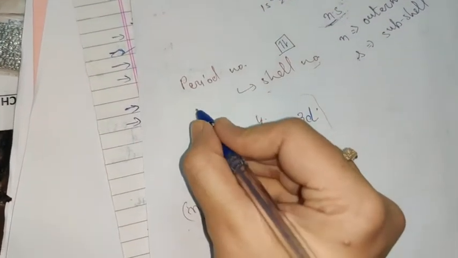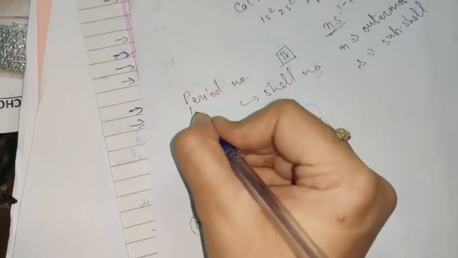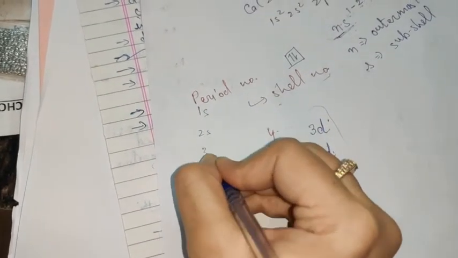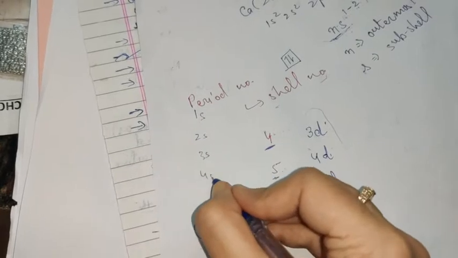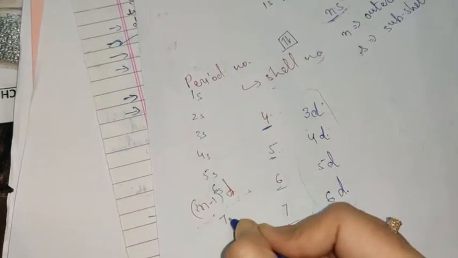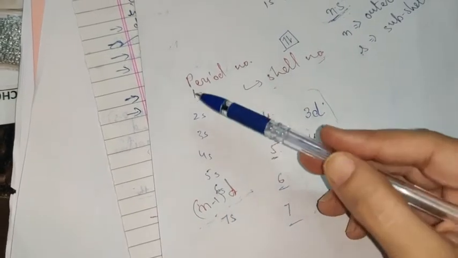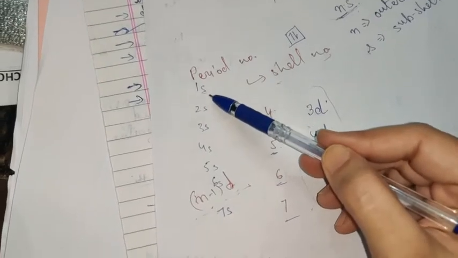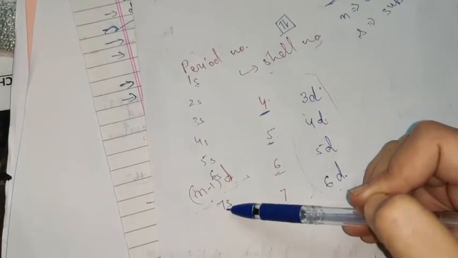That is why in the Aufbau principle you have 1s, 2s, 3s, 4s, 5s, 6s and 7s. That means s is present from the first period till the 7th period.